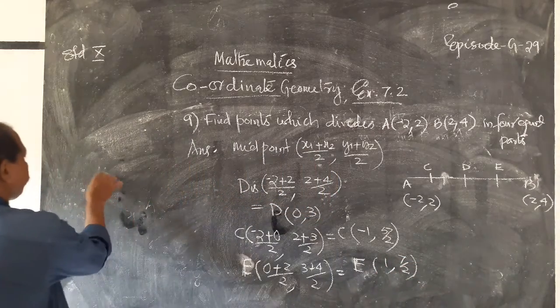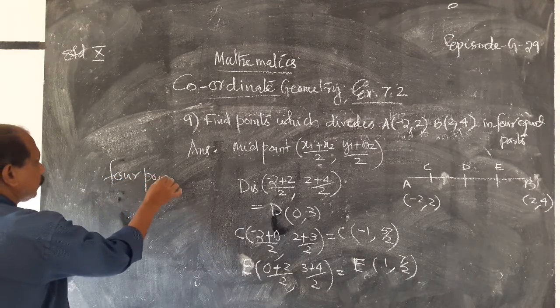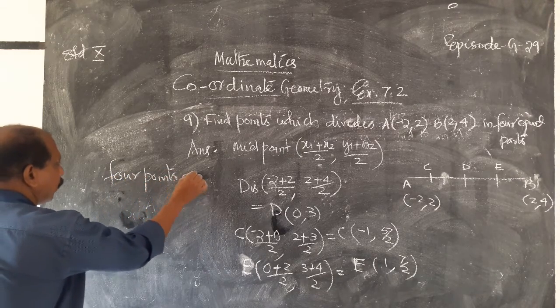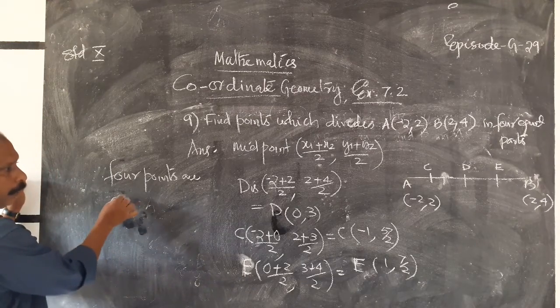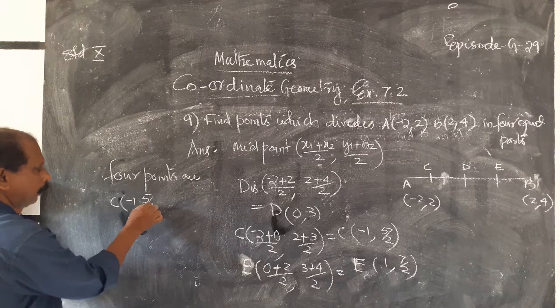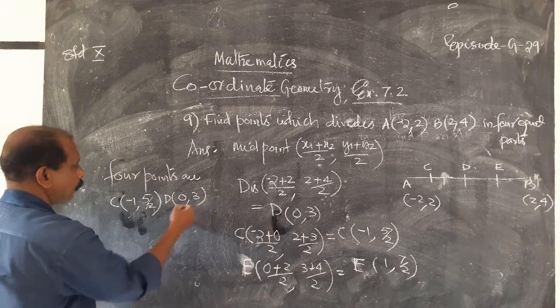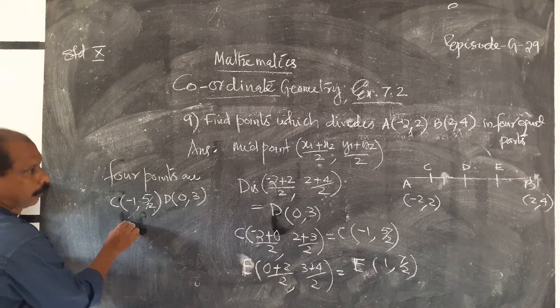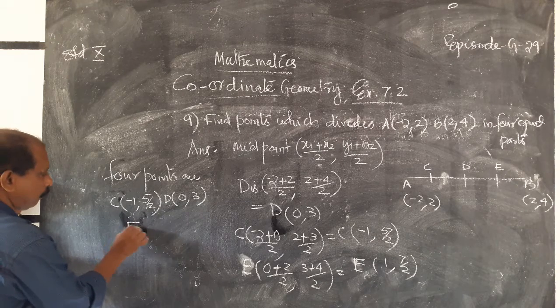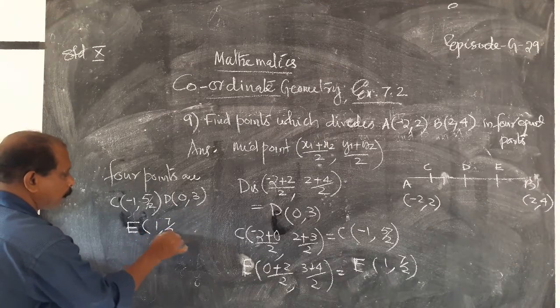Therefore, the 3 points are C: minus 1 comma 5 by 2, D: 0 comma 3, then E: 1 comma 7 by 2.